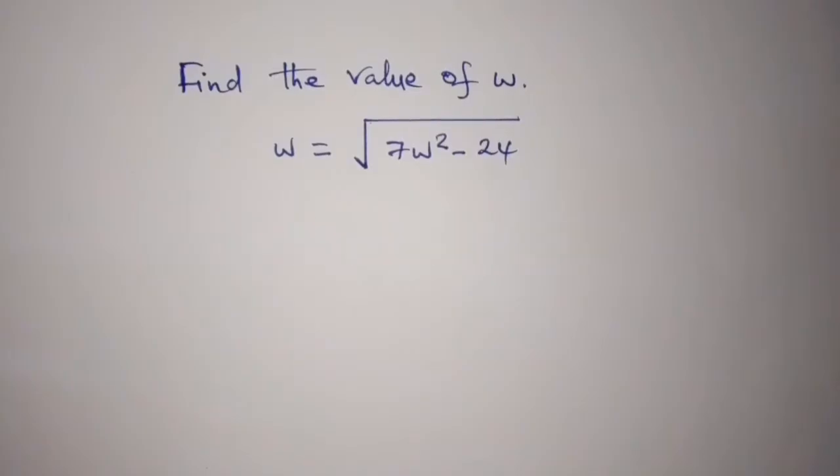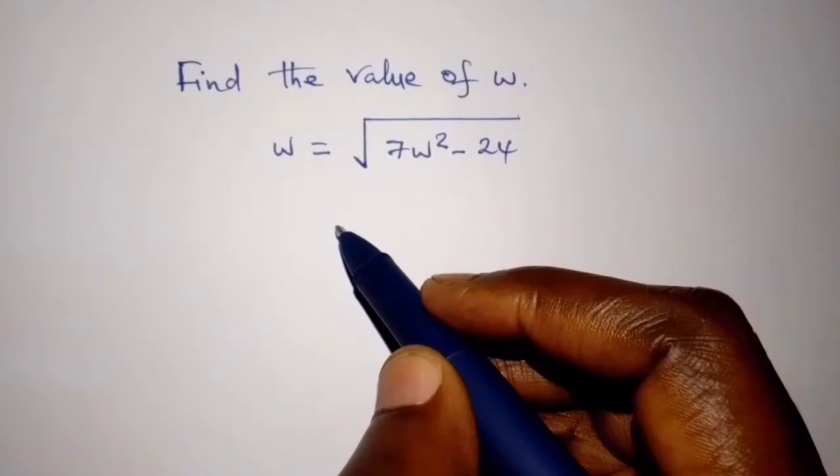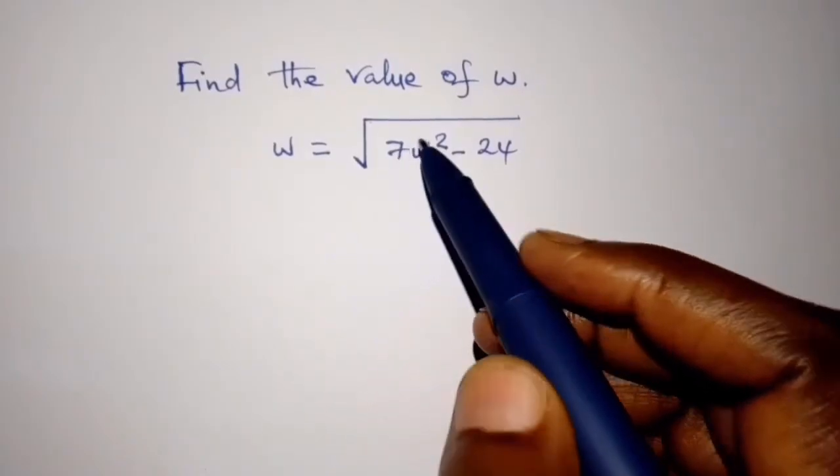Find the value of W. W is equal to square root of 7W squared minus 24. So how can we solve this problem? We can square both sides.